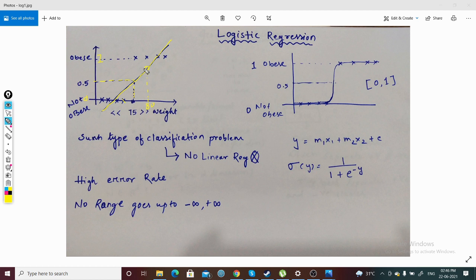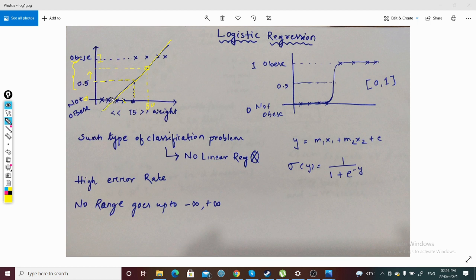It will be projected on the y-axis at more than 0.5. So according to linear regression, it will give you the probability. If the person has more than 0.5 value, I can say this person is obese.